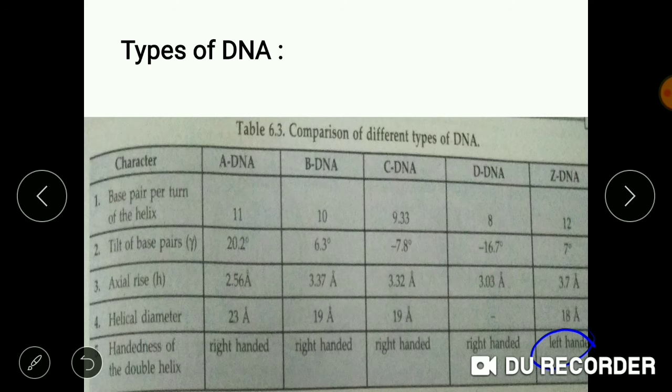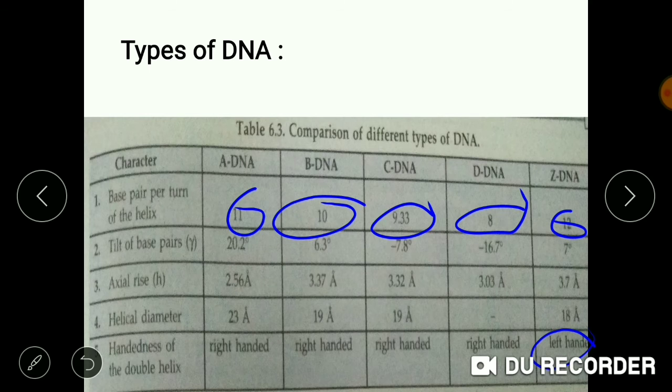The rest of the differences are as follows. The base pairs per turn of the helix is 11 in case of A-DNA, 10 in case of B-DNA, 9.33 in case of C-DNA, 8 in case of D-DNA and 12 in case of Z-DNA.